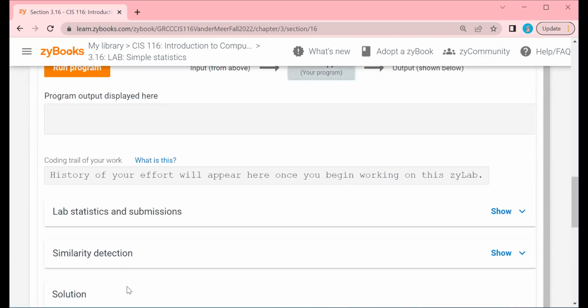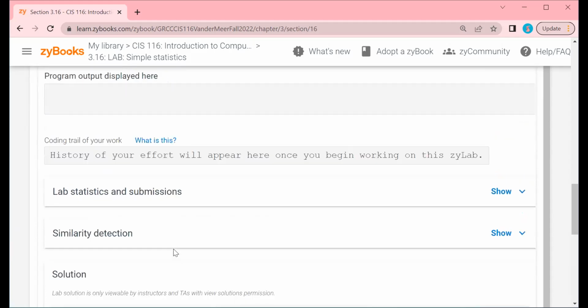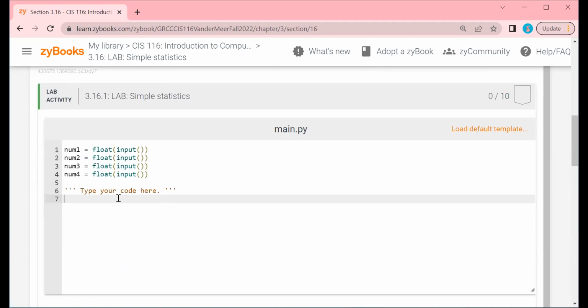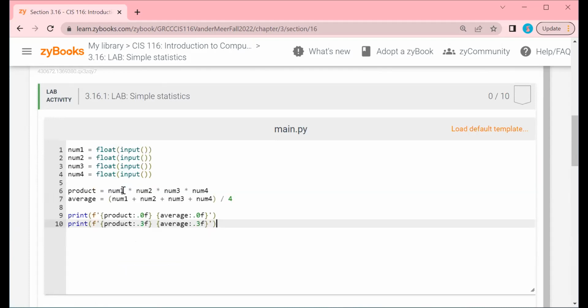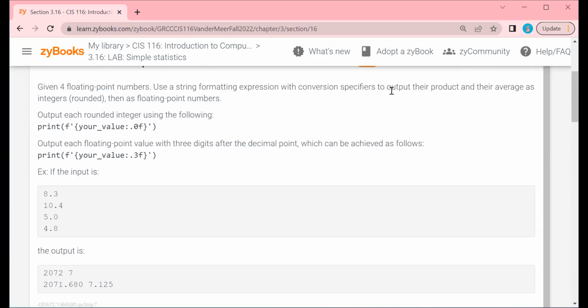Let's break down the solution. So we already have our 4 inputs, which we knew would be floats. We have product and we have average. So what does it say? Do the product and their average. Oh, okay.